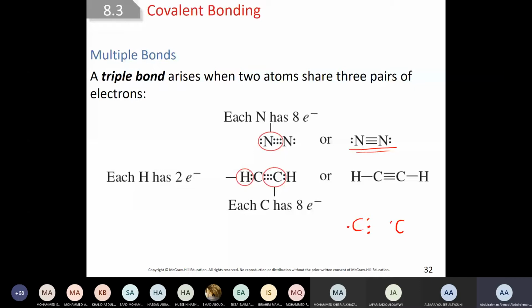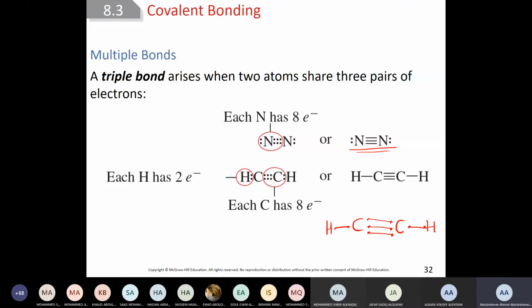How many electrons does the carbon need? 4 more. Share these 3. Now, how many electrons around each carbon? 7. And then the other hydrogen will make 8. Like this. How easy is this? Very easy.